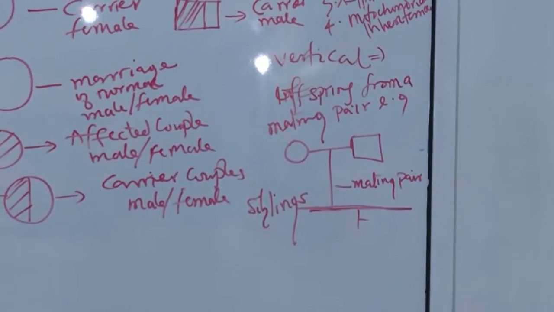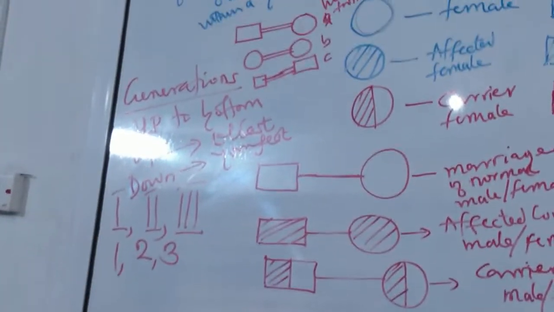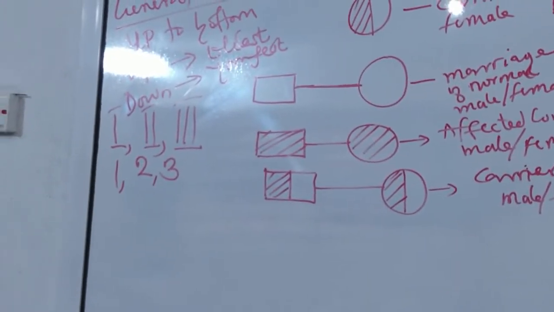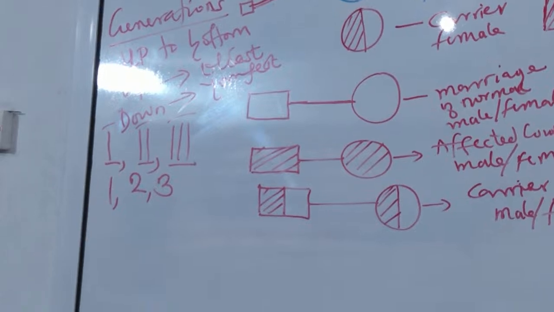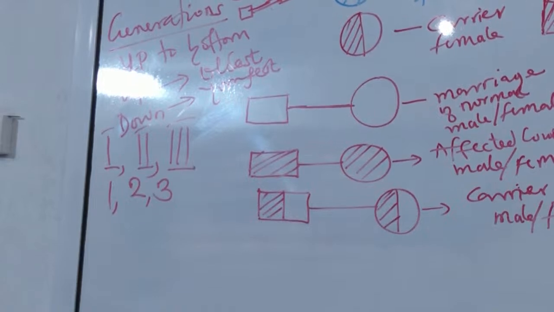Okay. Then generation. I told you that generation can be represented with a Roman numeral like I, II, III, and it can also be represented in Arabic numbers like 1, 2, and 3, just like what you have on the board. And don't forget that in a pedigree, the generation at the top is representing the oldest generation, and the bottom is representing the youngest.